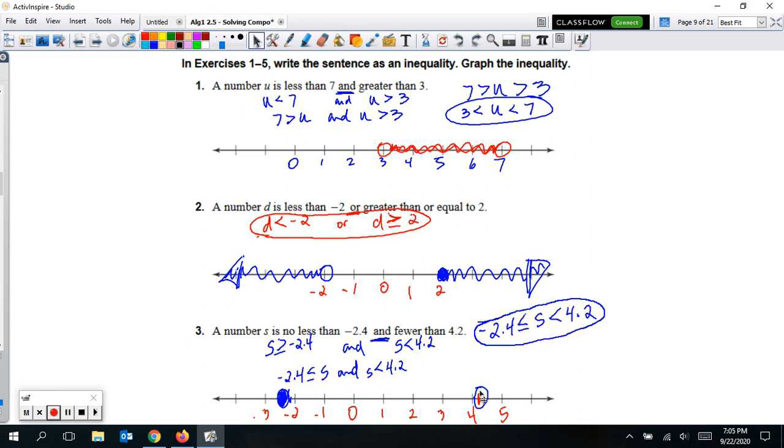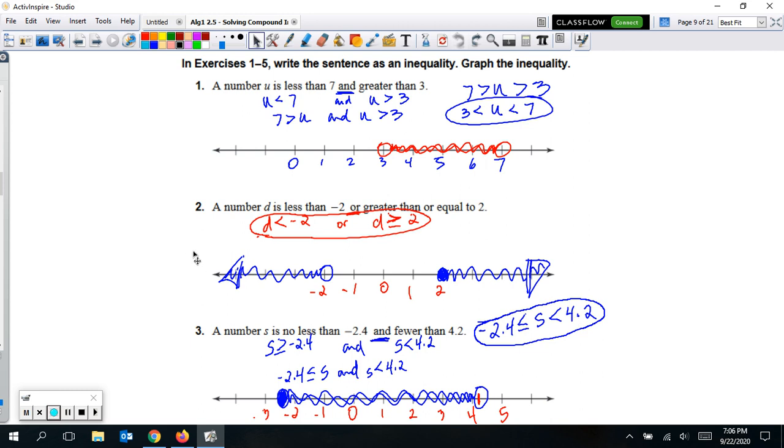It's between 4 and 5, but much closer to 4. So just kind of do your best guess at right about where it's at. Obviously I'm not going to be perfectly accurate. I didn't measure anything here. I'm just kind of putting it in there, just eyeballing it. And then our shading, this one again is in between because it's connected together. Our statement shows that the S is in between these two numbers.